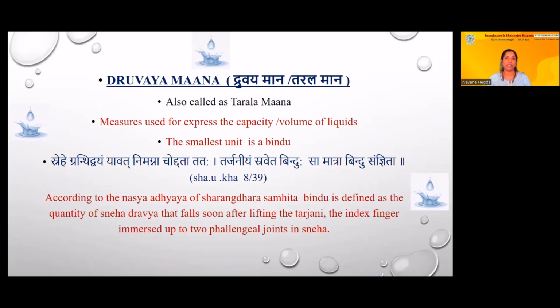Tarjani is the index finger. So according to the Nasya Adhyaya of Sharangadhara, Bindu is defined as the quantity of sneha that falls soon after lifting the Tarjani Anguli, the index finger, which is immersed up to two joints, the first and second phalangeal joints, in the sneha.